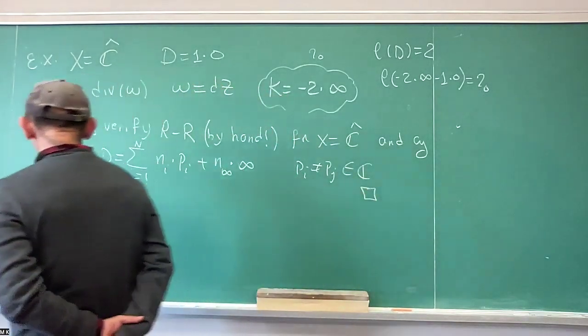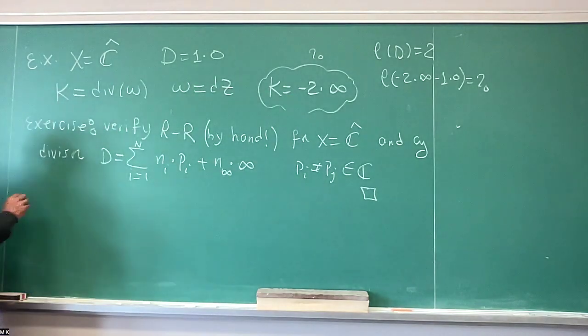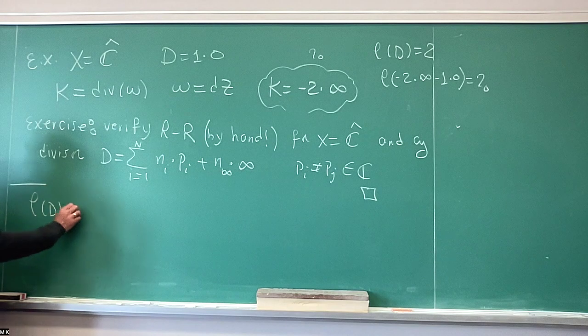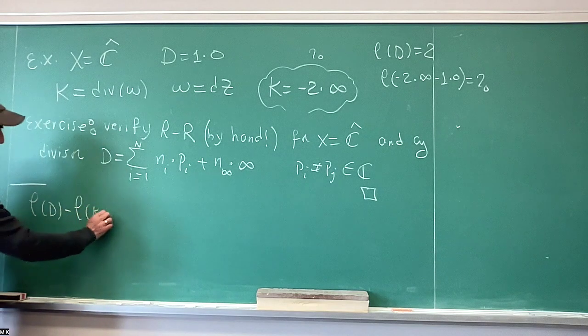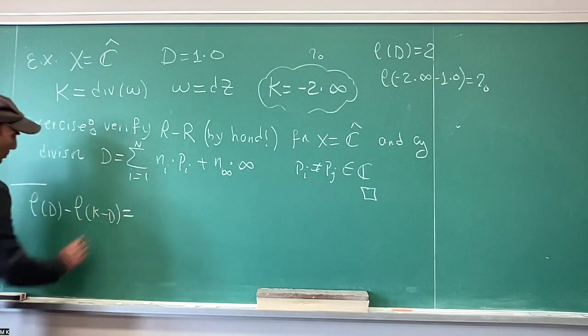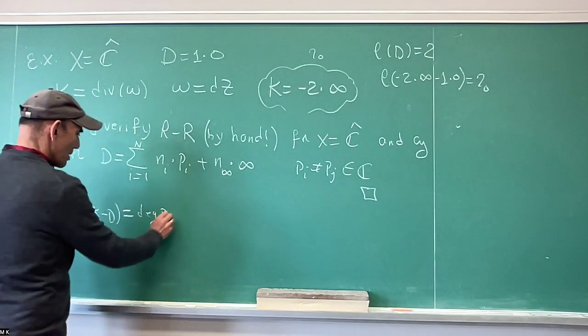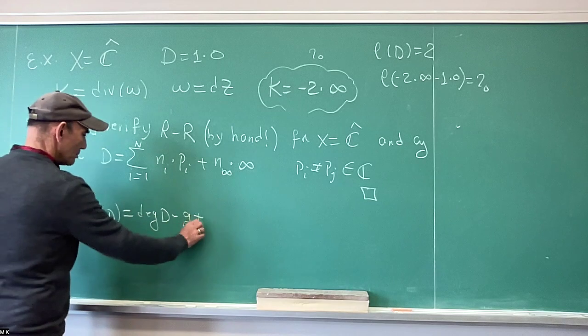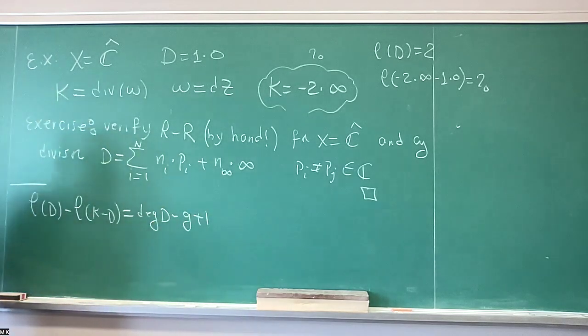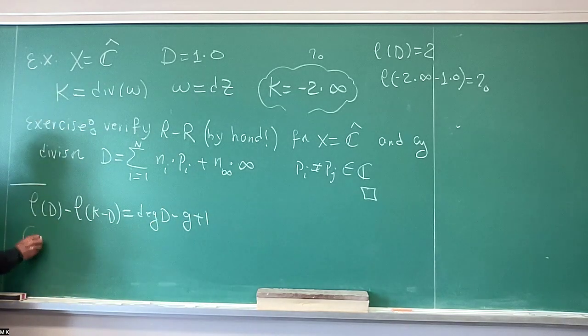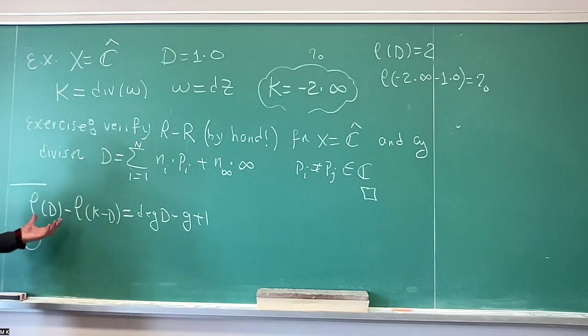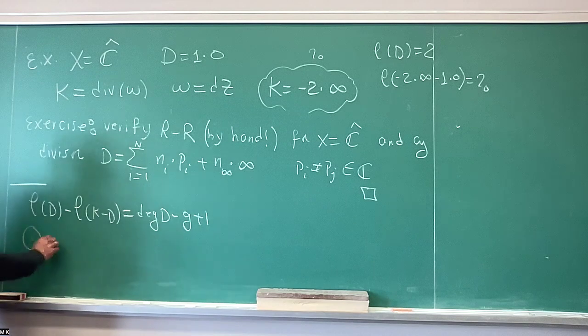Now, one more comment about Riemann-Roch. Again, we remember the formula is this: L of D minus L of K minus D equals degree of D minus g plus 1. Actually, I'm going to make two comments. The first comment is that Riemann only proved an inequality. So Riemann's inequality is this.